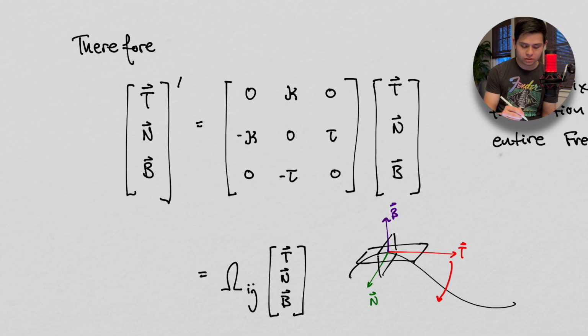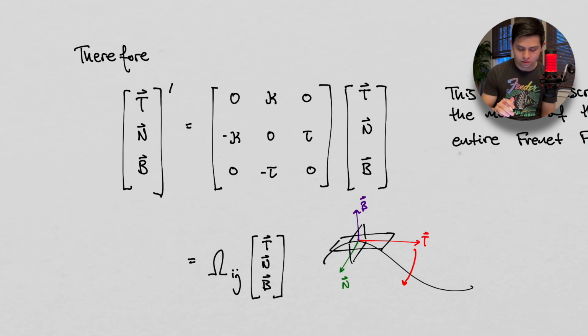So in 3 dimensions, if you flesh this whole thing out, there's 3 of them, each one of them has 3 components, and that means this is actually going to be a 9-component vector.